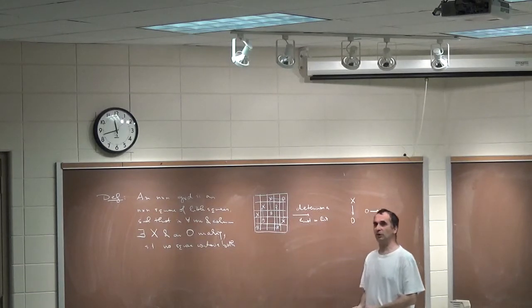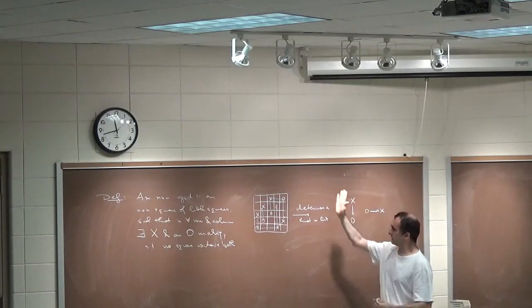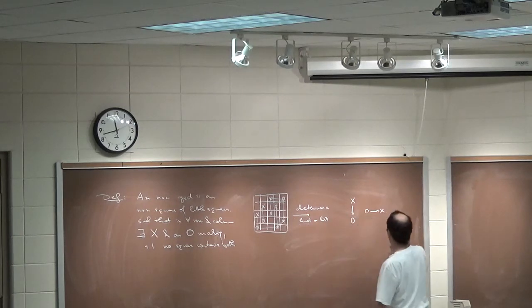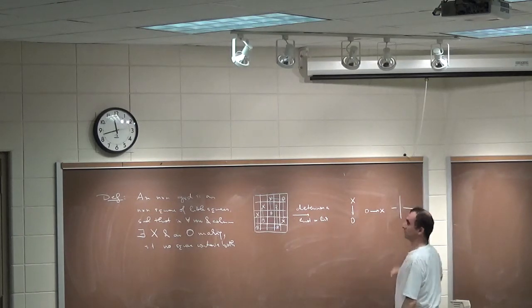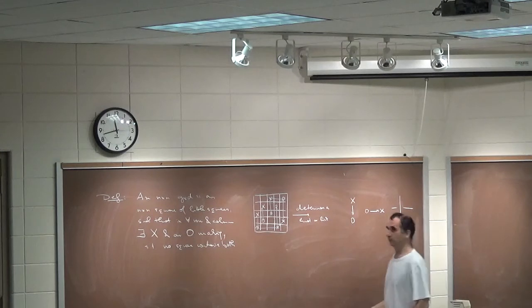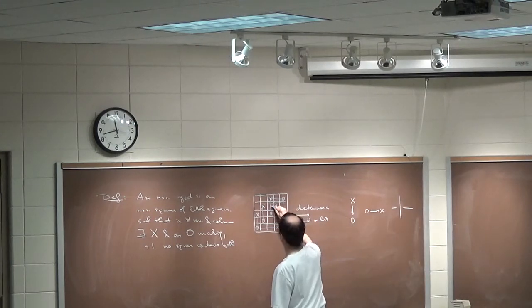And then there is the question: what happens if the horizontal and the vertical intersect? And the rule is that the vertical always goes over. So I should finish it like this. Sorry.